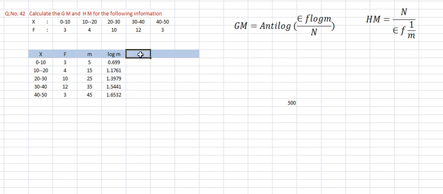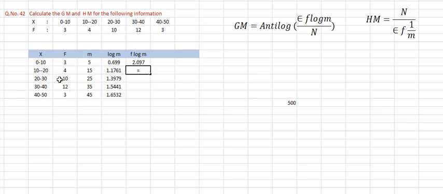Then you need to multiply f into log m. F is here, log m is here, multiply these two like this. 3 into this number is 0.6990 (3 times 0.6990 is 2.0970).